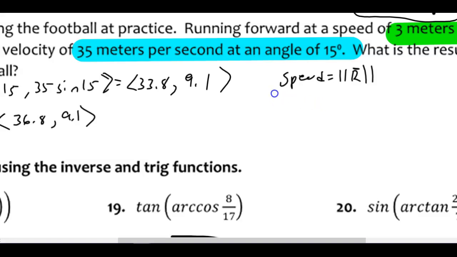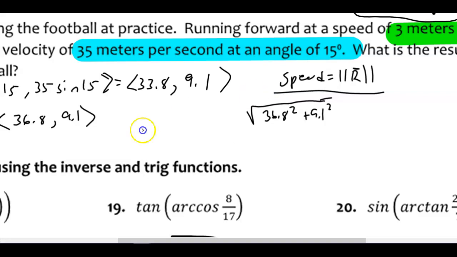So we have the square root of 36.8 squared plus 9.1 squared. So let me punch that in.